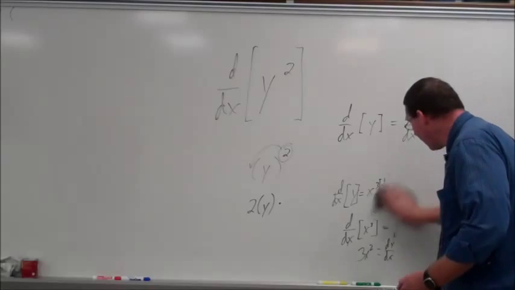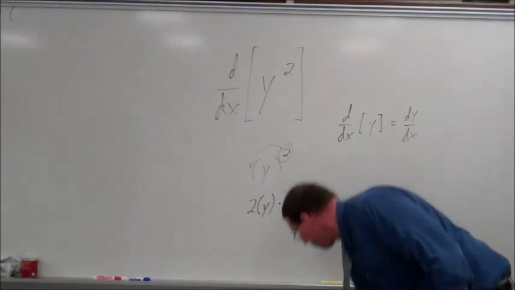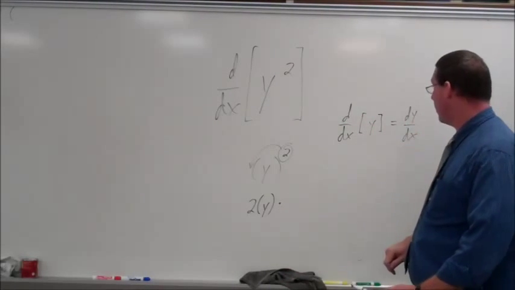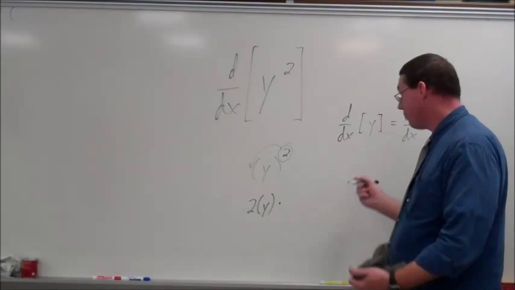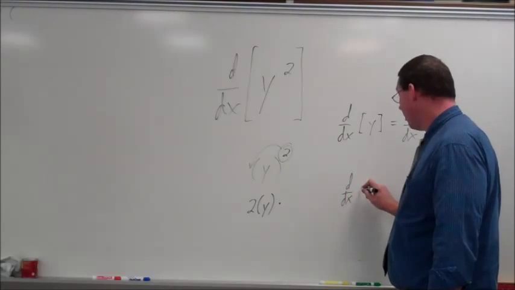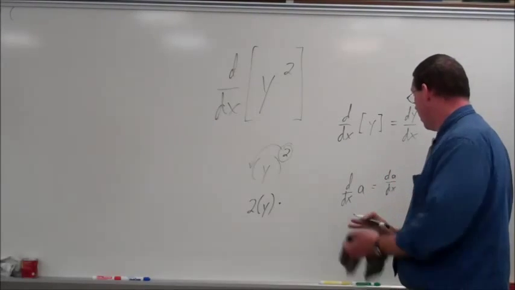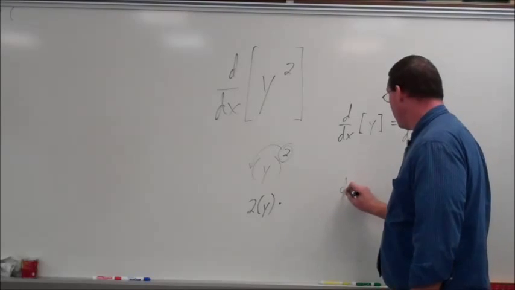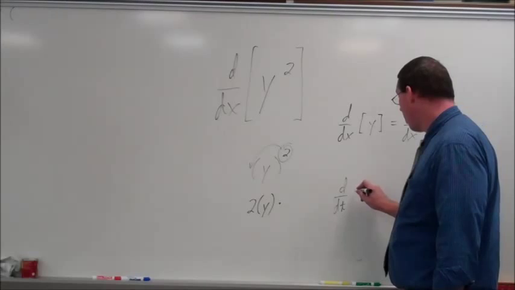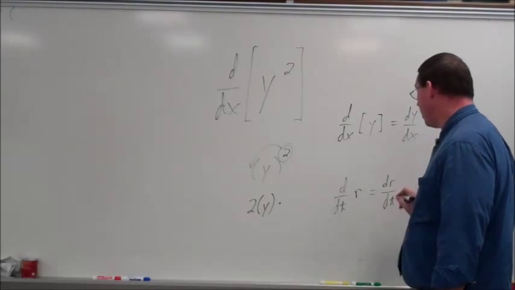So the whole idea is, whenever you do d dx of y, you get dy dx. Similarly, d dx of the letter A would be dA dx. d dt of the letter R would be dr dt.